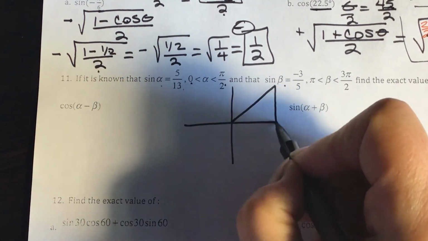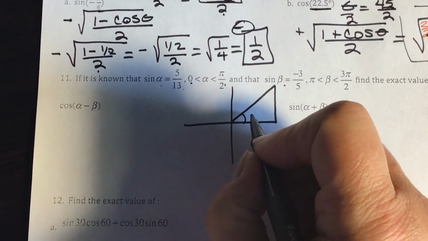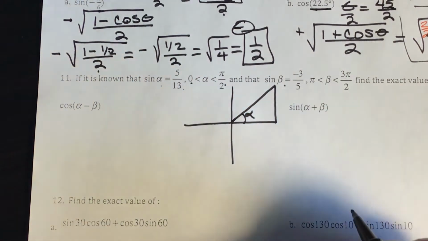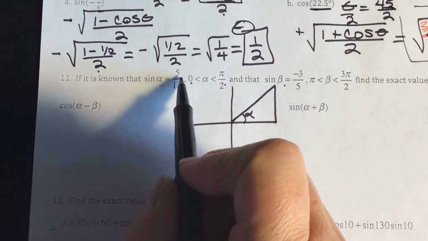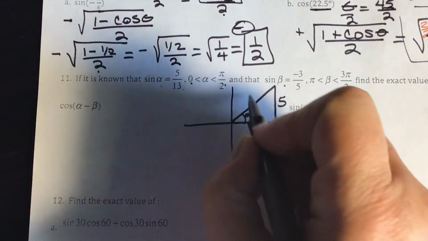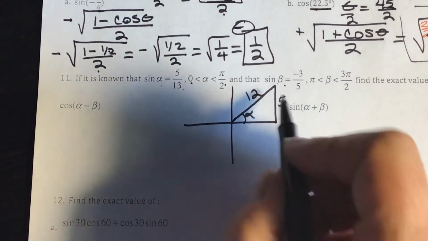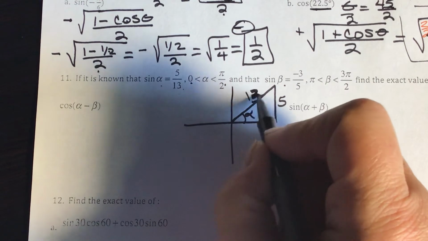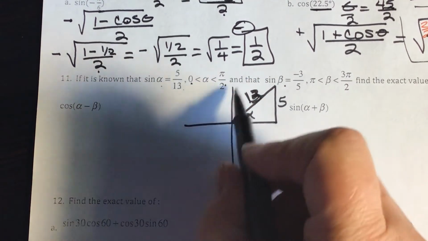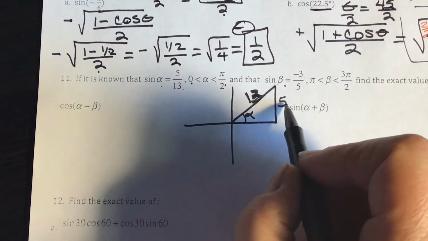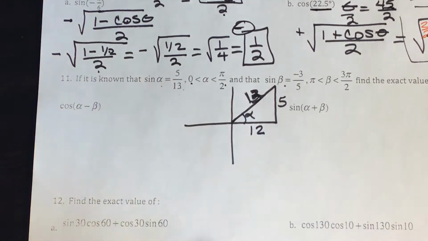So I'm going to draw a triangle in quadrant 1. Here's my angle alpha. Sine is opposite over hypotenuse. Oops, I'm getting ahead of myself here. That's 13. And there is a Pythagorean triple, 5, 12, 13.